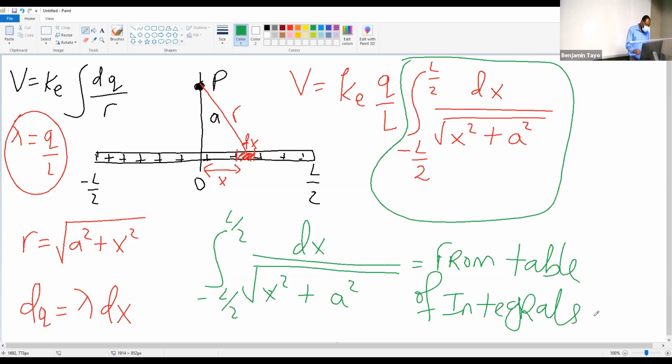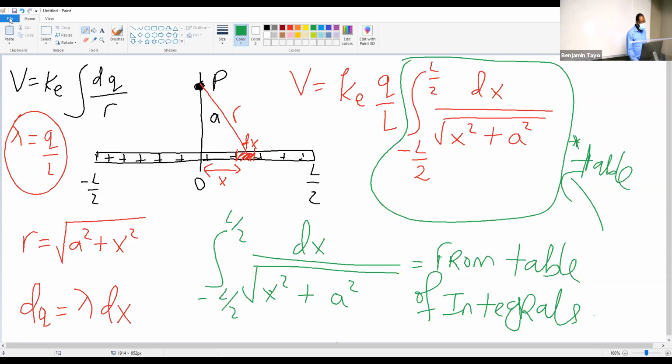But again, this will just come from a table. So I'll leave it like this. Then maybe we can substitute that value once we have that value for the integral. But I think the main point is just to understand how to set up the integral.